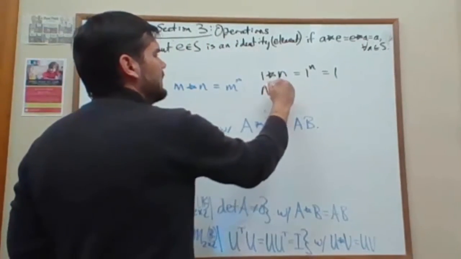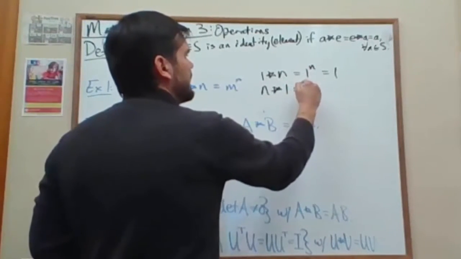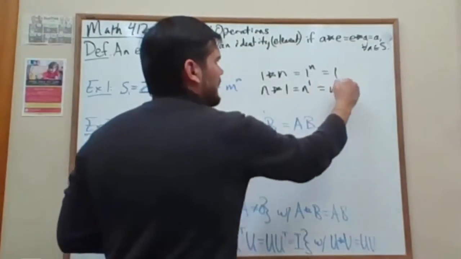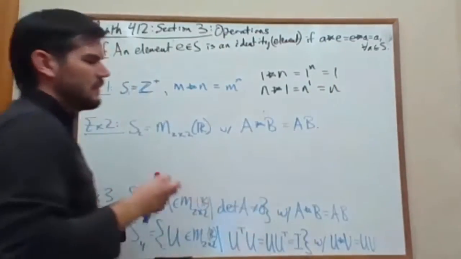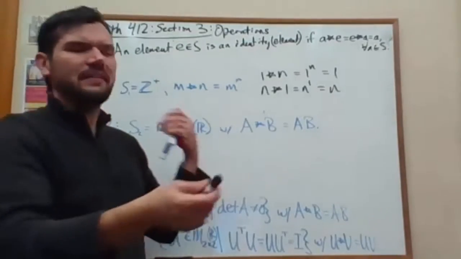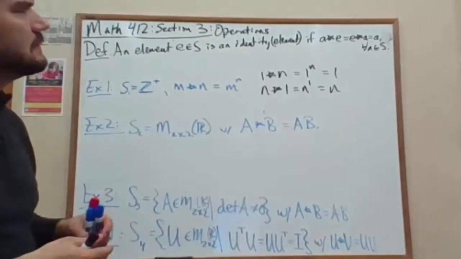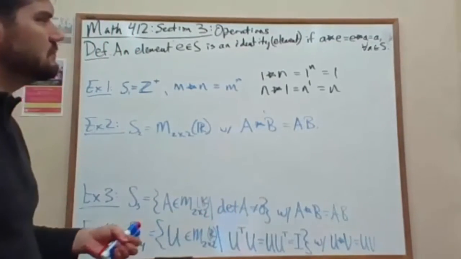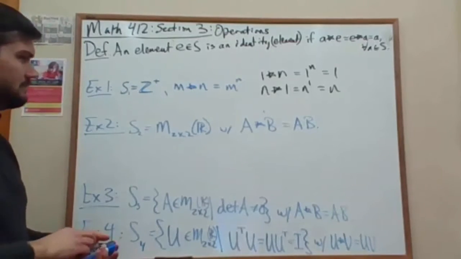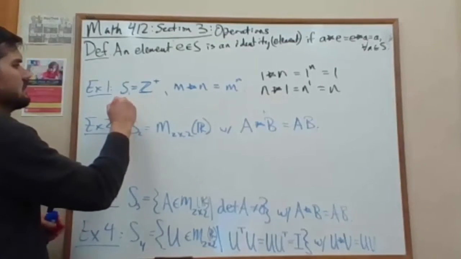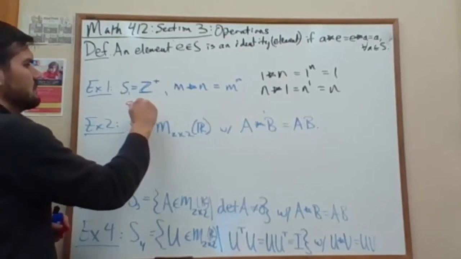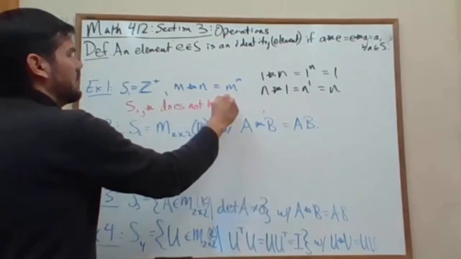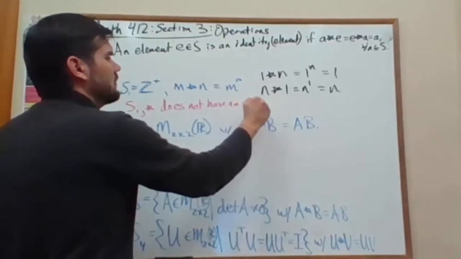But if I take n times 1, defined as n to the 1, that gives me n. So I kind of have a half identity element, which is not enough. It does not have an identity.